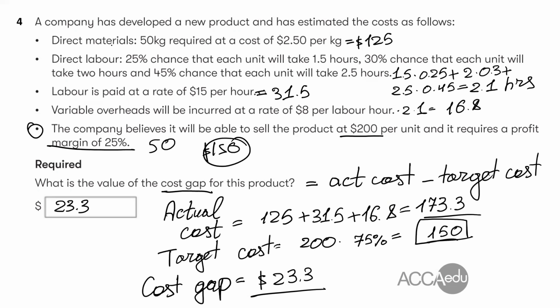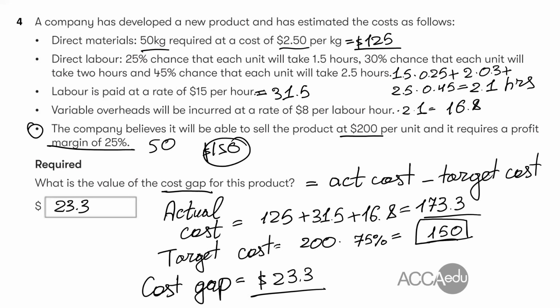What about the actual cost? For the actual cost, we add up the individual costs. Direct material, 50 kilograms at $2.50 per kilogram, is going to be $125. Labor: 25% chance of an hour and a half, 30% chance of 2 hours, and this.